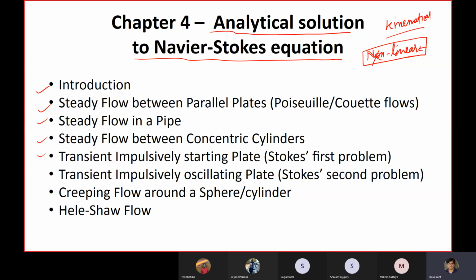This is advantageous because by just hand calculations we can get the analytical solution of the modified, or reduced, Navier-Stokes equation.